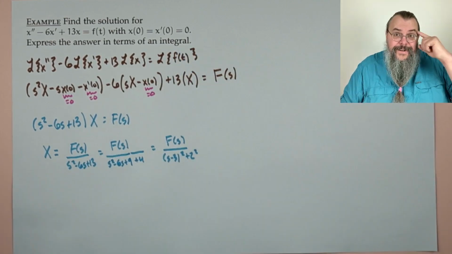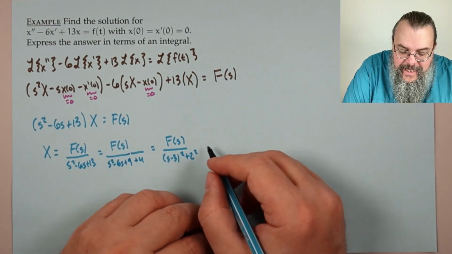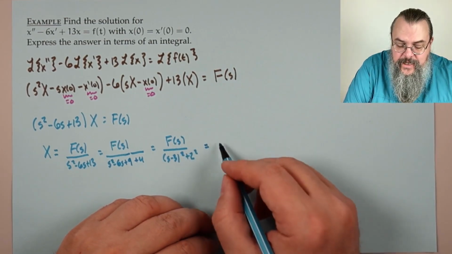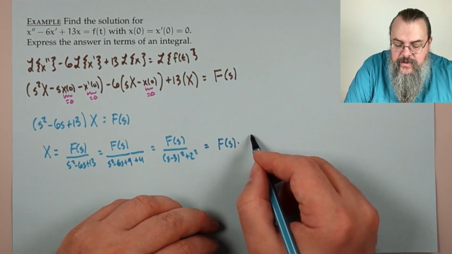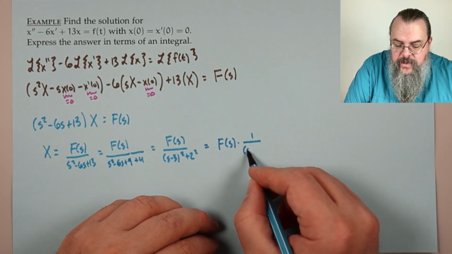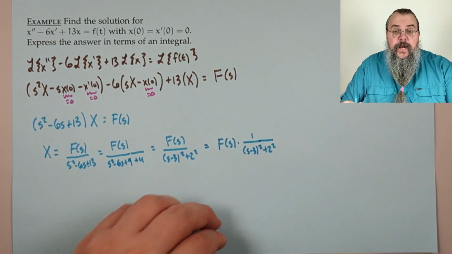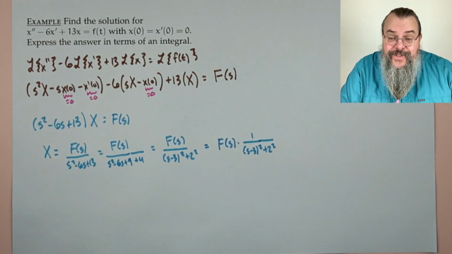And like, the wheels in our head have been turning. So we say, hey, you know what? When we have a division here, we can think of it as really two things, as F of s and 1 over s minus 3 squared plus 2 squared. Right? So in other words, the division has turned into multiplication.